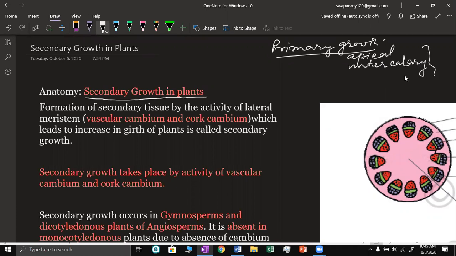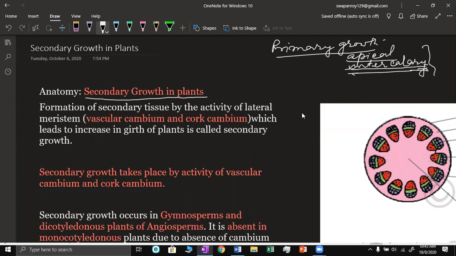These two meristems contribute to the primary growth of the plant, and during this primary growth the plants or plant organs usually grow in their length or height. That is the main growth. Of course it grows in diameter also, but diameter growth is less, growth in height is more.